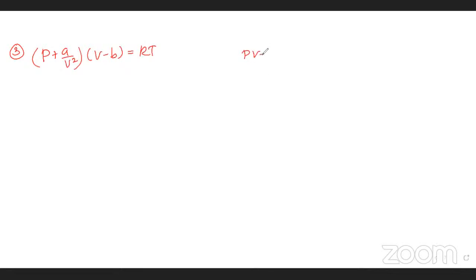You can write it as PV equals nRT. So this is called the ideal gas equation. But this is true only for ideal or perfect gases. There are no perfect gases in real life. For a real gas, it's a little different.